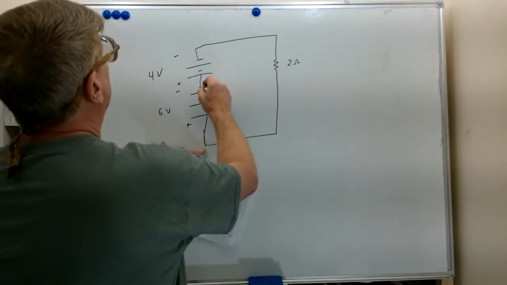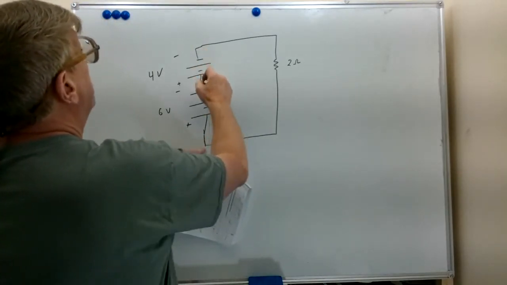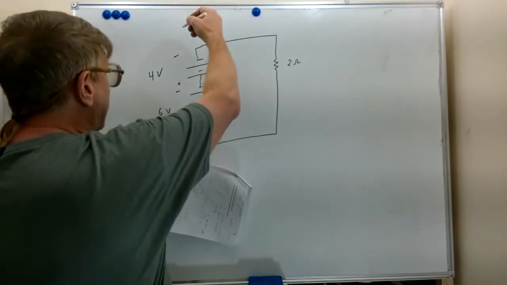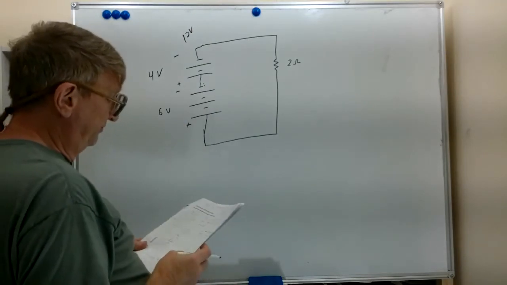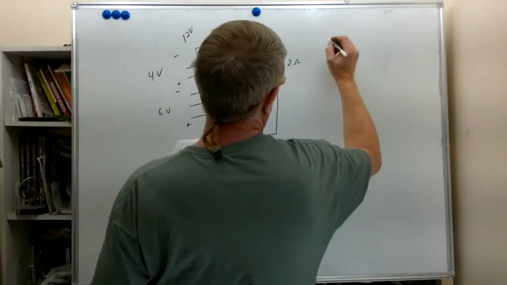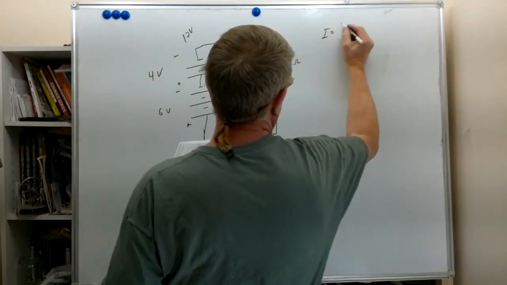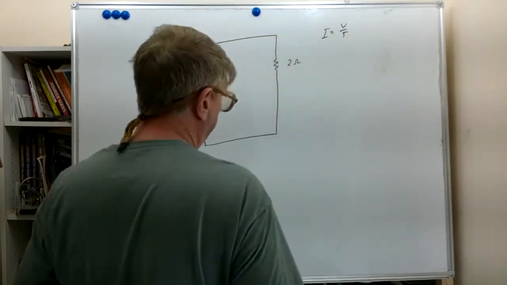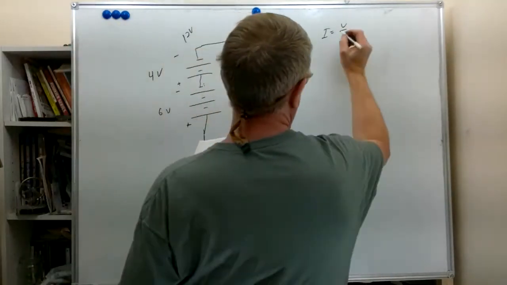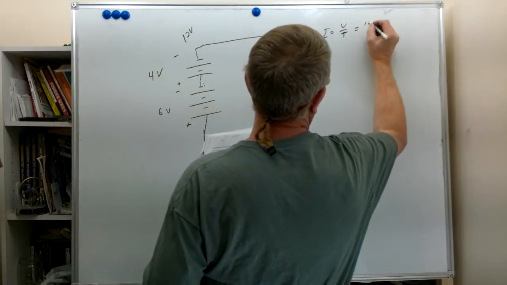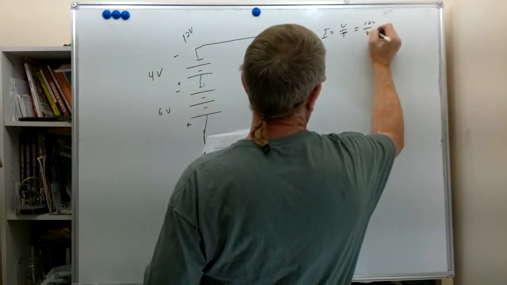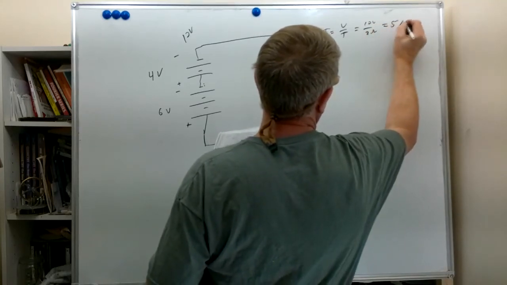We go across up to the second supply, we get 4 volts more negative, so we get to a 10-volt level. I equals V over R, and that's basically 10 volts divided by 2 ohms, so we have 5 amps.